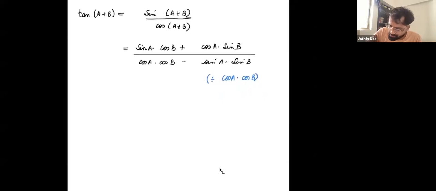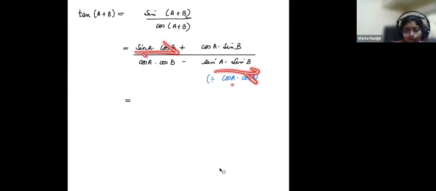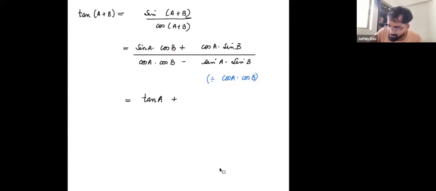Can you do it mentally or should I show you? What will happen if I divide this by cos A cos B? Cos B cos B will cancel. Sin A by cos A, tan A. Plus, now if I divide this, what will cancel?